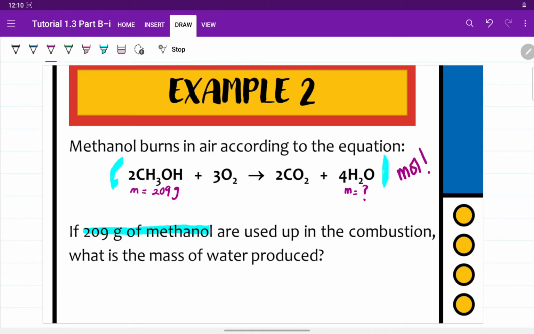Semua mesti dalam number of moles. Sebab apa? From the balance equation, okay, perkadaran kita, comparison kita, everything is in mole. 2 mole of methanol react with 3 mole of O2 to produce 2 mole of carbon dioxide and 4 mole of water.